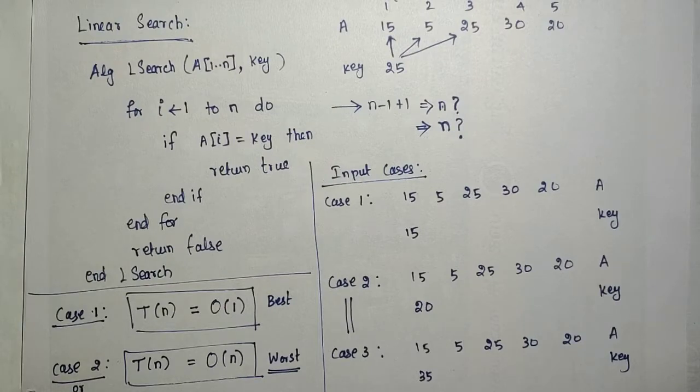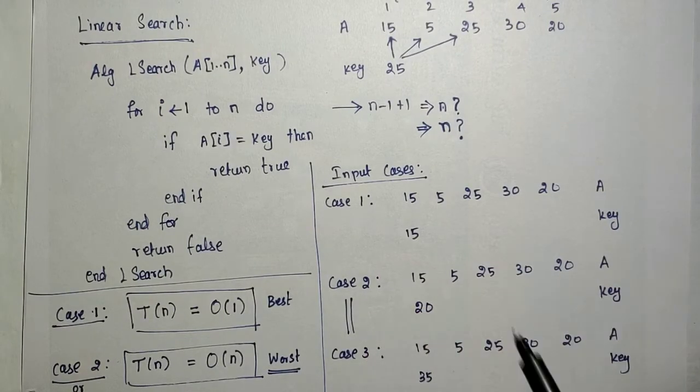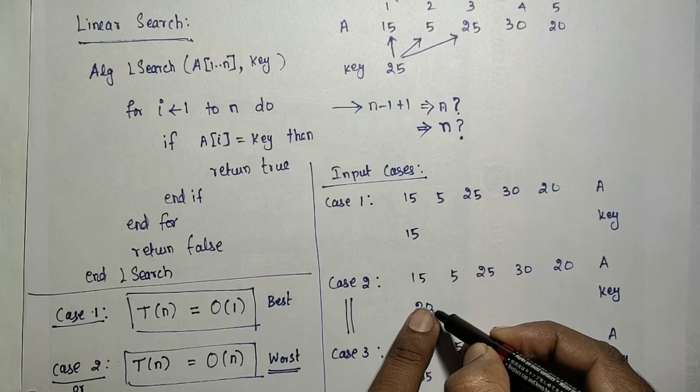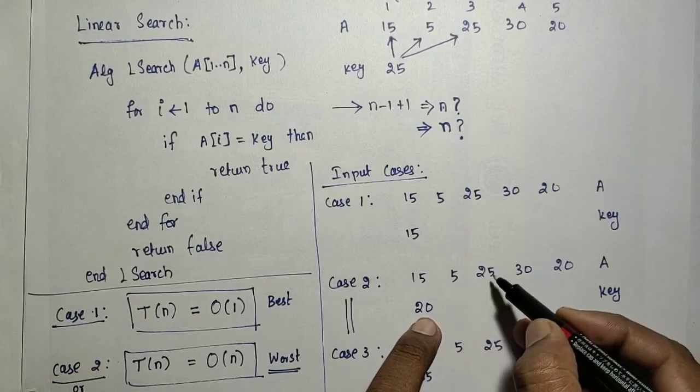So if you want to analyze the average case complexity, we need to consider the probability of the key element occurring at a particular position. What is the probability of the key element occurring at the second position? What is the probability of it occurring in the third position?